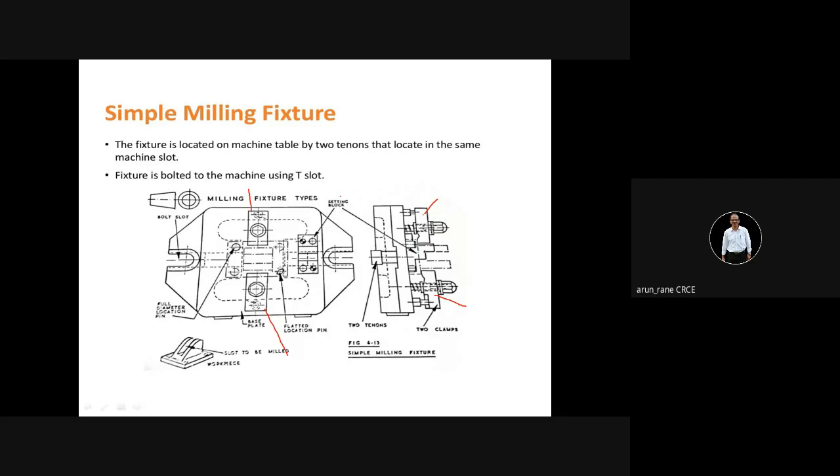And then where is the slot? I'm purposely going slow so that you can understand the drawing, because I know it will take time for you to understand the drawing. This is the slot, that is this. ये जो slot है वो आपको mill करना है. This is the slot to be milled.